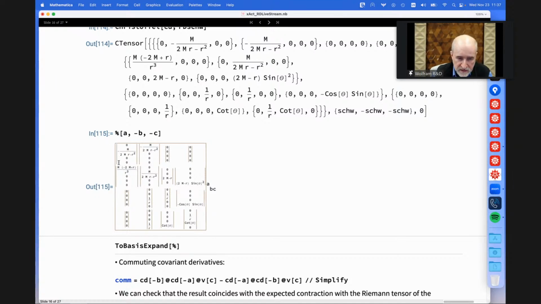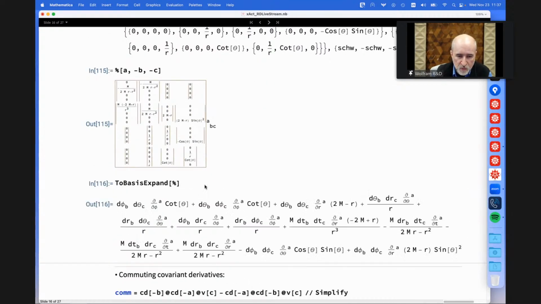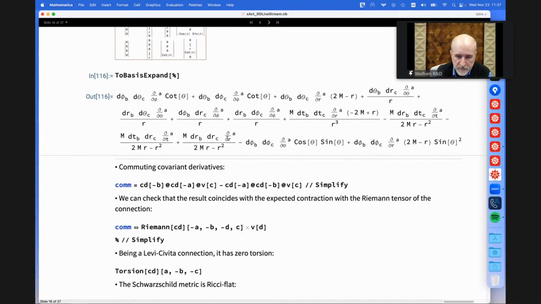So first, second, third. In this case, the three of them use the same basis. That's why they are all brown, but they could have different colors if they were indices using different bases. Again, if you want to see it in a more traditional form, just change to differentials and partials.